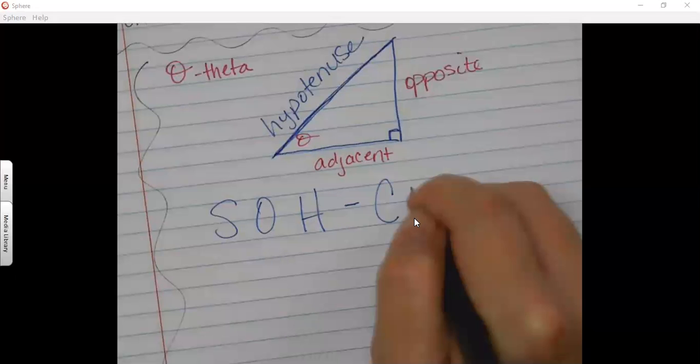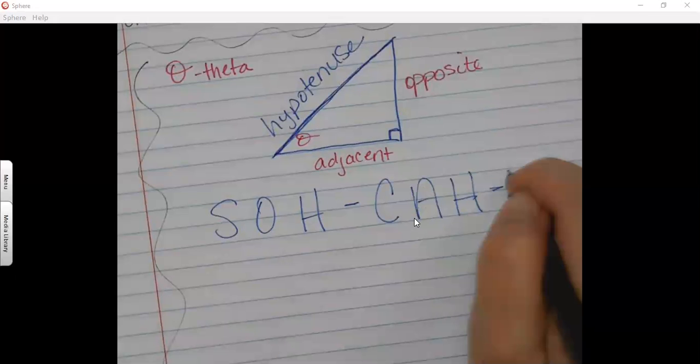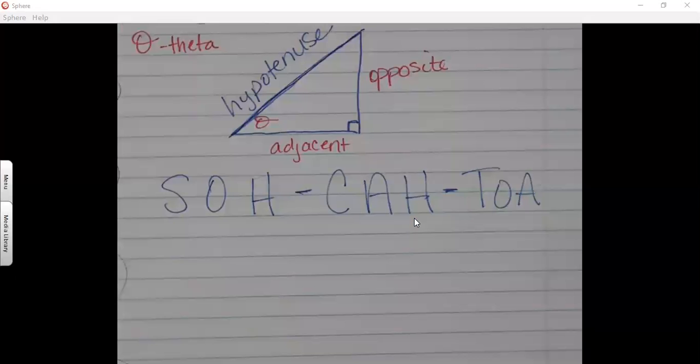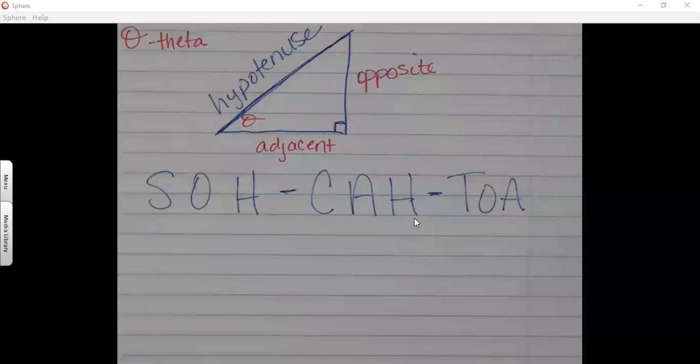Is there anybody that's like, what in the world is SOHCAHTOA? But have you heard of it? Even if you don't remember what everything stands for, you've heard of SOHCAHTOA, because you should have done this in geometry, as well as algebra 2.